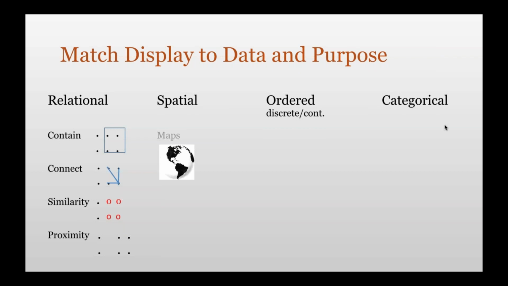So looking at something like contain, does anyone have an idea of what visualization might be an example of that? It's a bit tricky, and keep in mind you are talking about relations between data.